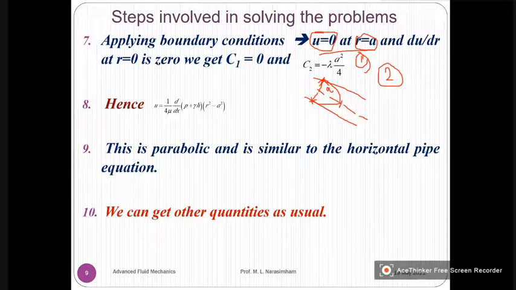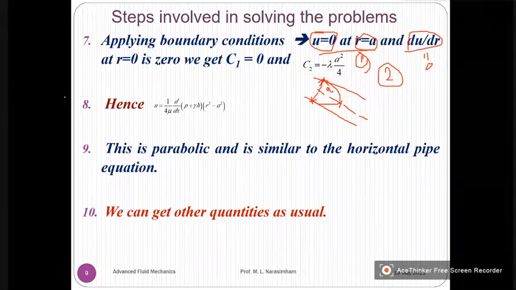When u is maximum, it means that du by dr is equal to 0 at r equal to 0. This is the first boundary condition, and this is the second boundary condition.